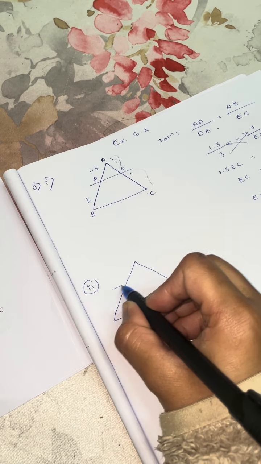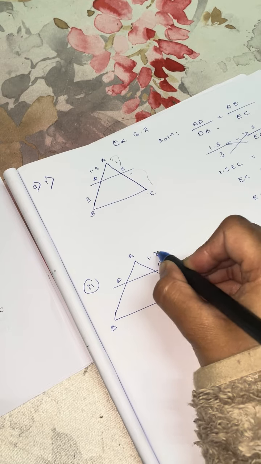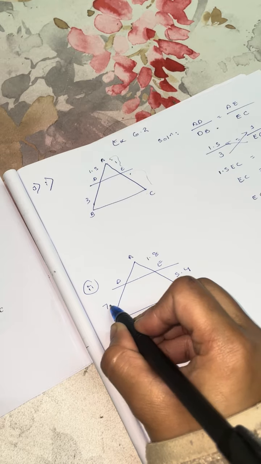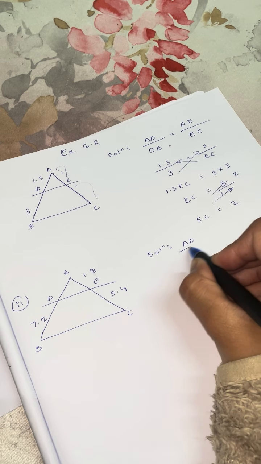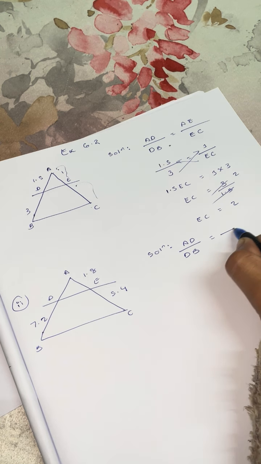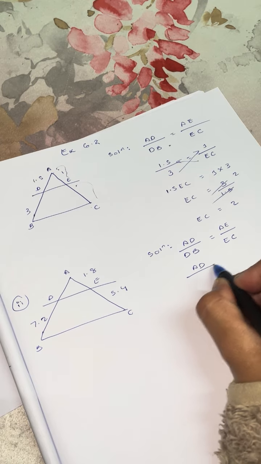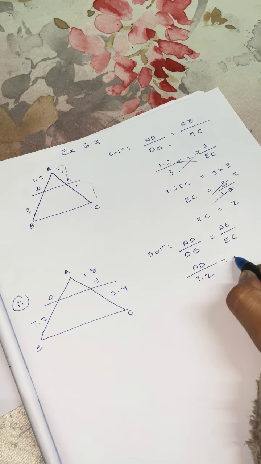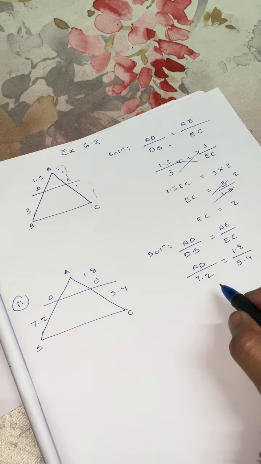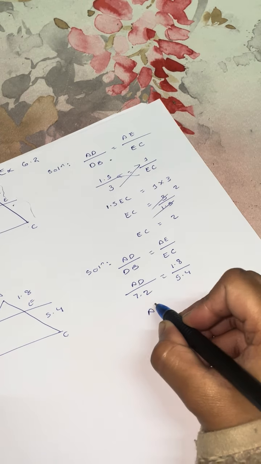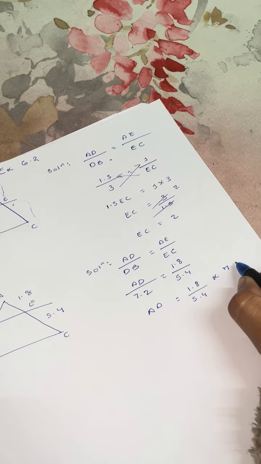In triangle ABC, AD is 1.8, DB is 7.2, AE is 1.8 and EC is 5.4. We have AD over DB equals AE over EC.